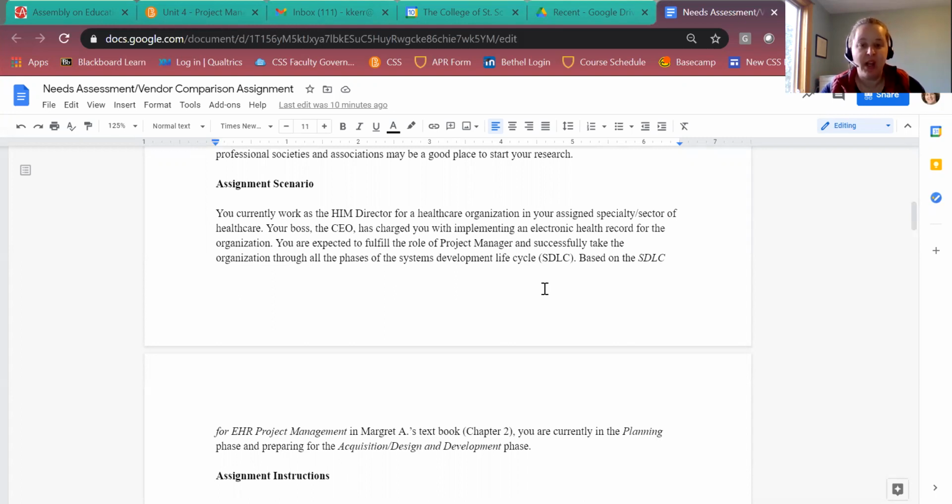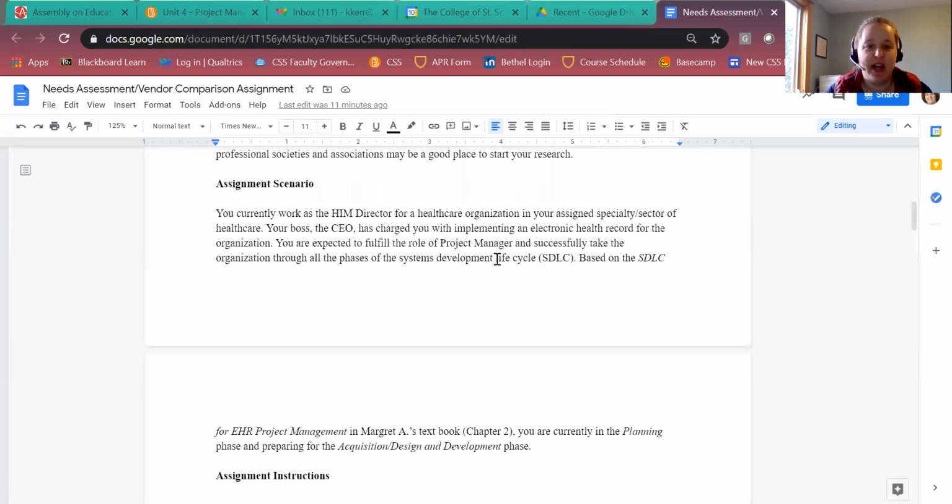Usually the focus has been on non-traditional settings, outside the primary care clinic and outside the hospital. That makes this assignment a little more challenging, because you're really going to have to research your sector of healthcare to know how it differs from a primary care clinic or an acute care hospital.